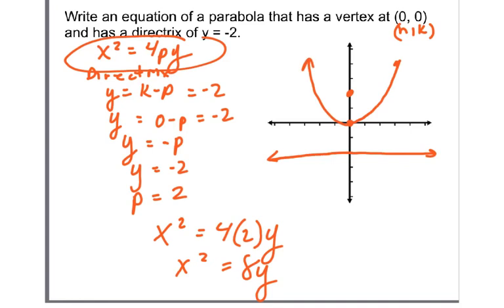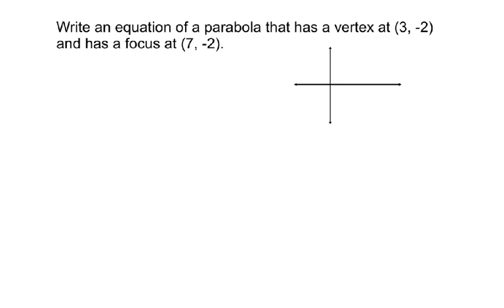Write an equation of a parabola that has a vertex 3, negative 2, and has a focus 7, negative 2. So I just wanted to have an idea of this. So let's see, 2, 4, 6, 8.